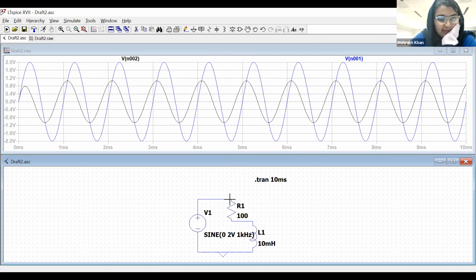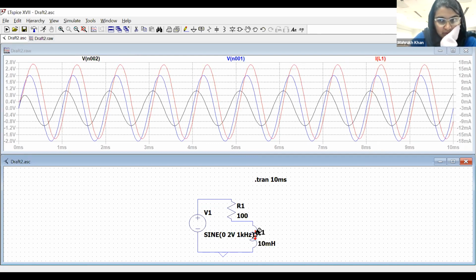You can see the phase difference, right? Yeah. And you need to see current across your inductor.